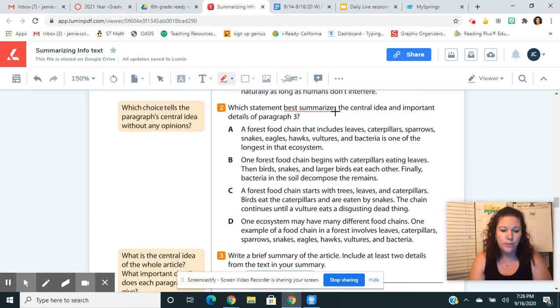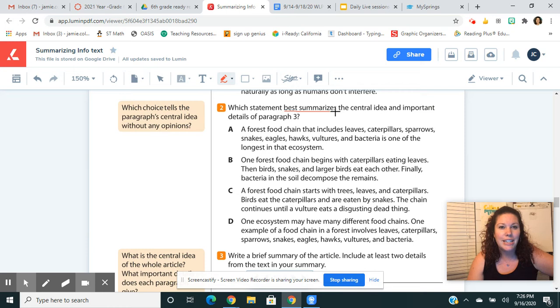C, a forest food chain starts with trees, leaves, and caterpillars. Birds eat the caterpillars and are eaten by snakes. The chain continues until a vulture eats a disgusting dead thing. Interesting. D, one ecosystem may have many different food chains. One example of a food chain in a forest involves leaves, caterpillars, sparrows, snakes, eagles, hawks, vultures, and bacteria.